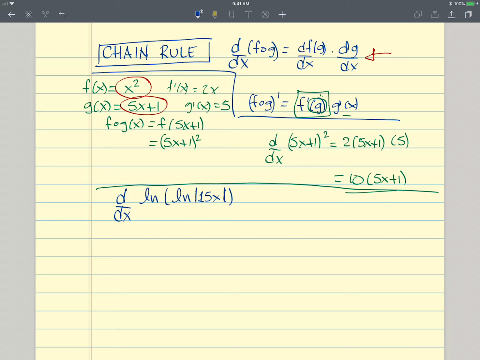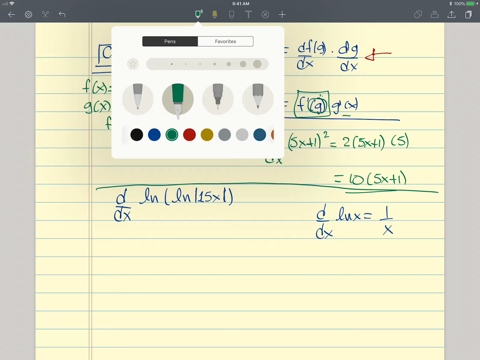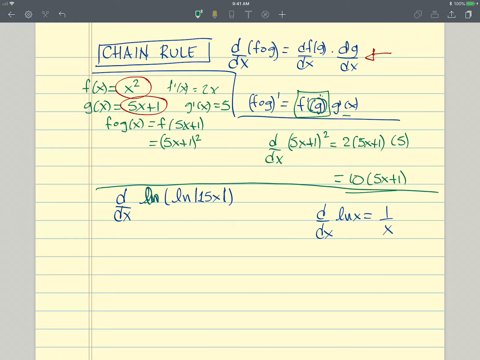So the thing to remember here is that the derivative of the natural log is just 1 over x. But now this is a chain rule, right? So I'm doing the outside function. This is the natural log, and I'm evaluating all this thing. Okay, so now what is the derivative of the natural log? It's 1 over that.